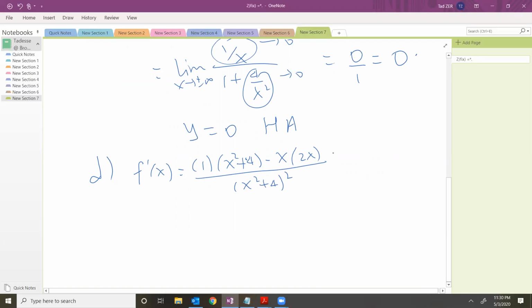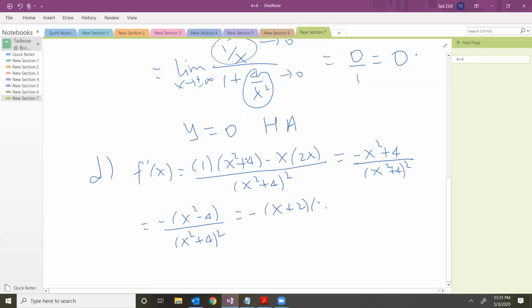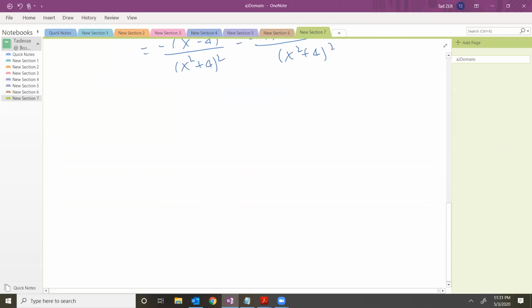Now when you simplify this, it should leave you with minus x squared minus 4 divided by x squared plus 4 squared. I can factor out the minus, and then it will be minus of x squared minus 4 divided by x squared plus 4 squared, which is minus of x plus 2 times x minus 2, that's the difference of two squares, over x squared plus 4 squared. That will be the derivative.